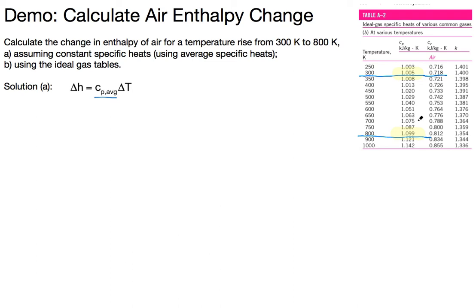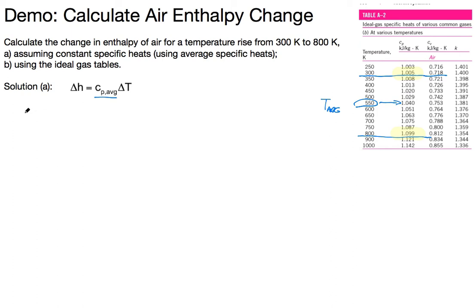So we're going to use this approach. We are going to find the average temperature, which is 550 Kelvin. This is our average temperature, T average, of these two temperatures. And then we use this as the average specific heat.